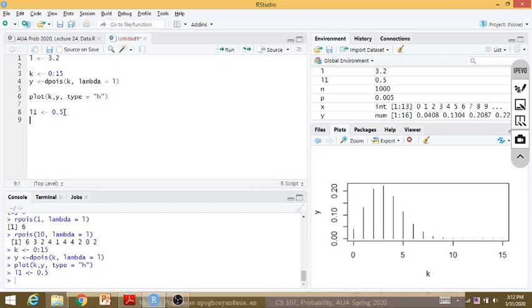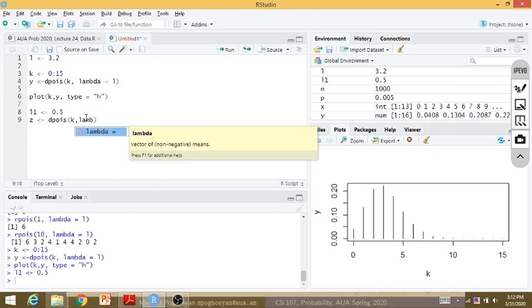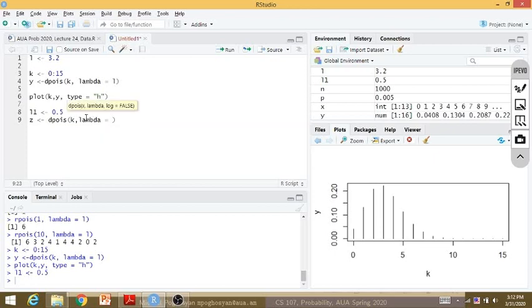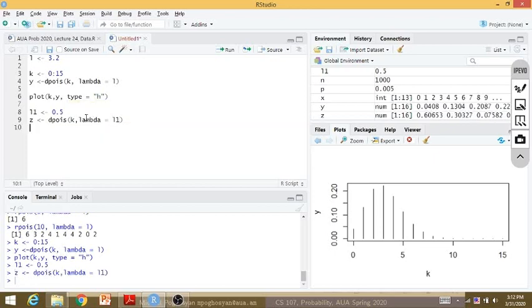I need to calculate, say, z, the PMF values at k for each value from 0 to 15. Here lambda is equal to L1 in this case. So this is z. I want to add that to my graph.